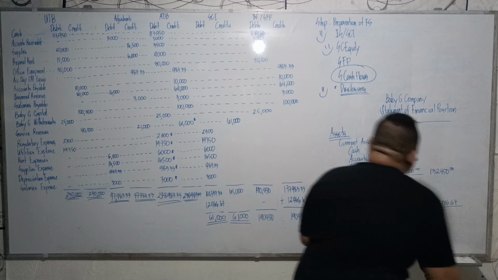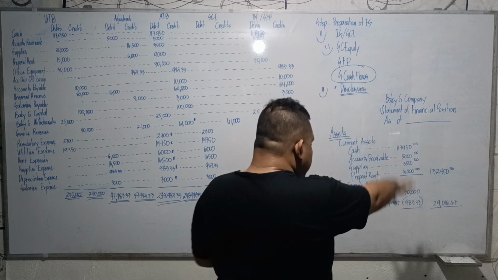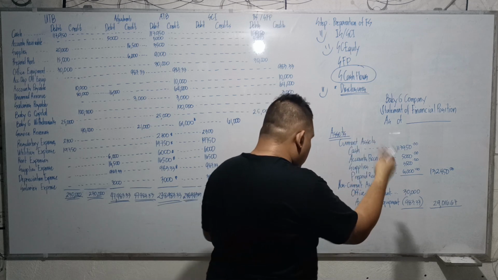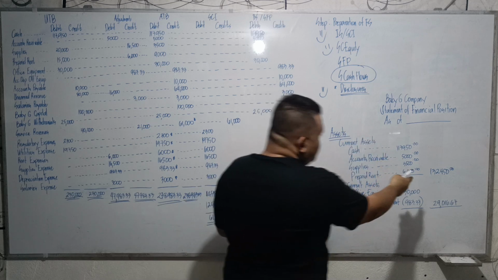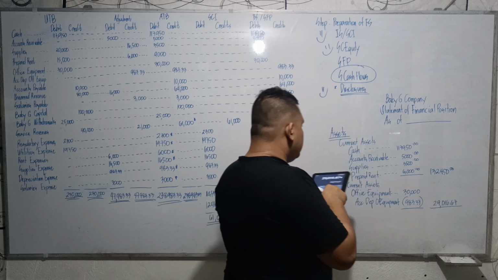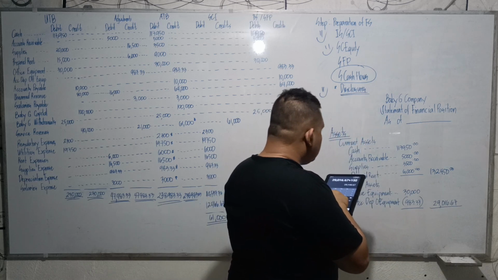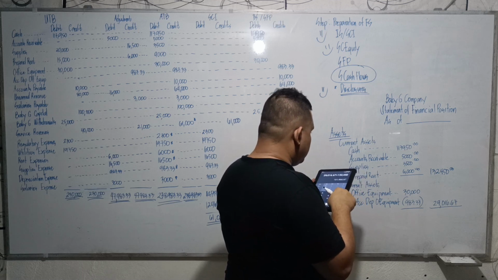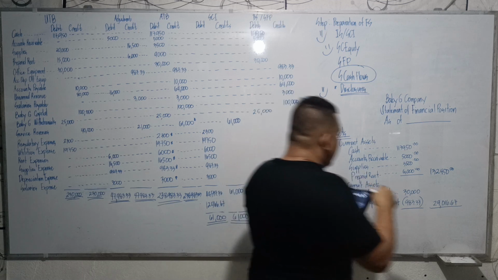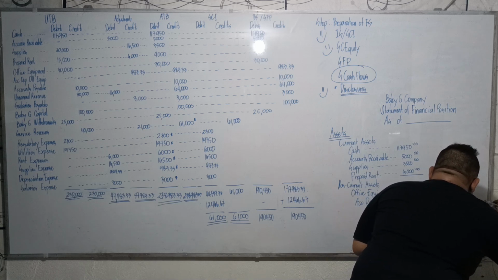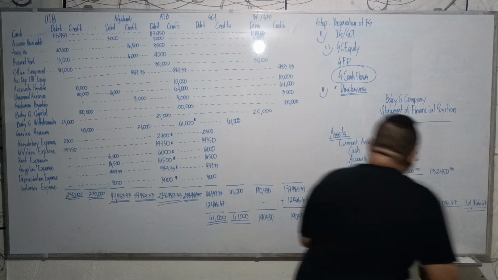And if you are asked how much is the total non-current assets, that's the answer, because we only have one non-current asset. And if you will be asked how much is the total assets, we have the current assets right here, so let's add 132,450 plus 29,016.67, and we have 161,466.67. And that's it for the assets.